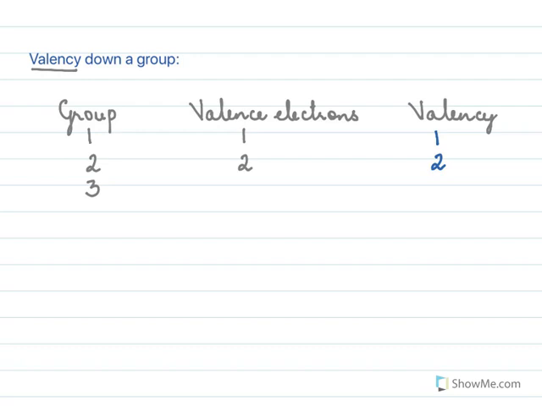In group 13, valence electrons 3, valency will be 3. Then we have group 14, valence electrons 4. Here we have valency 4. We call it covalency because they share, if you have seen in carbon.